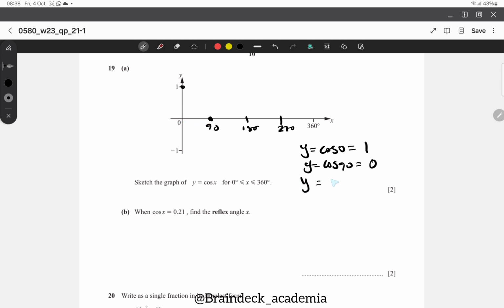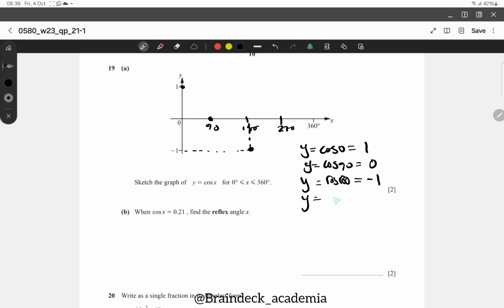When x is 180, cos 180 is negative 1. So y is negative 1. I'll dot here.